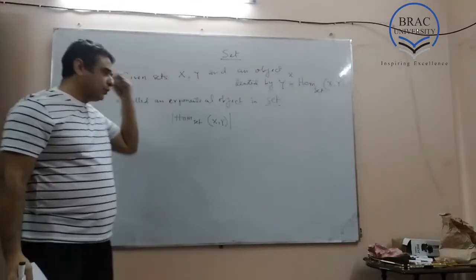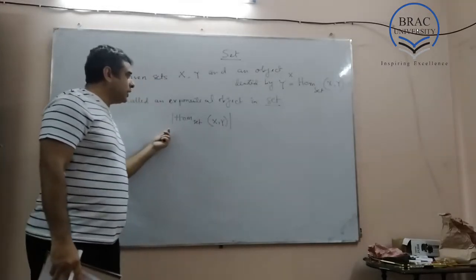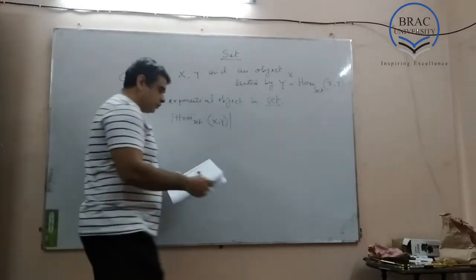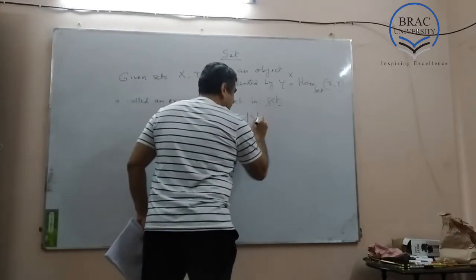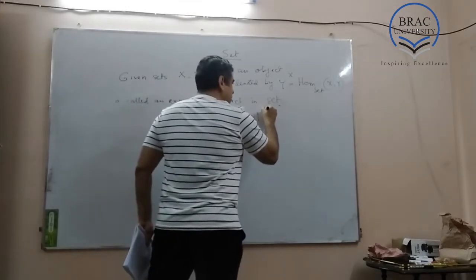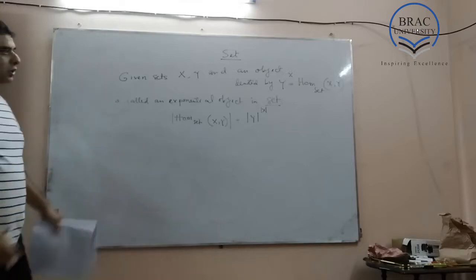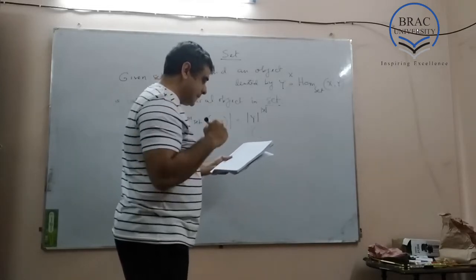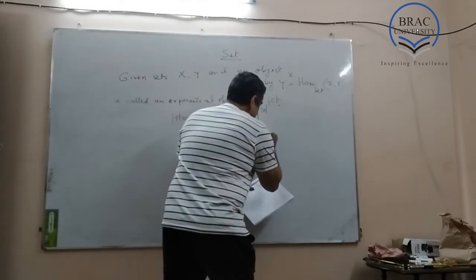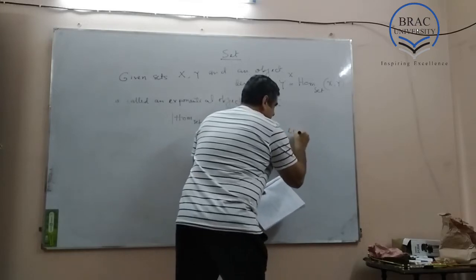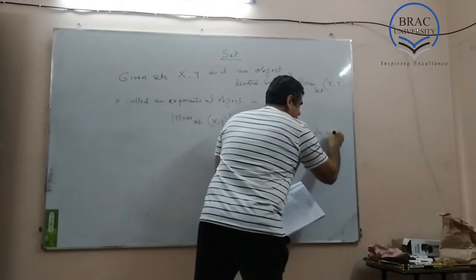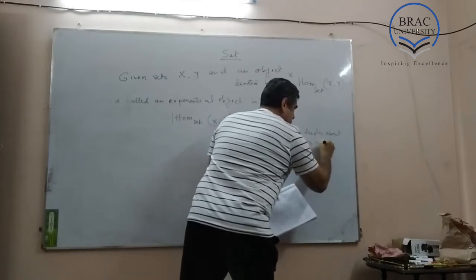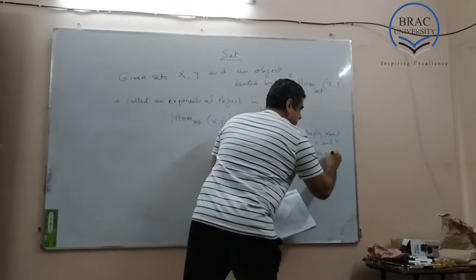It means, whenever X and Y are finite, we try to find the cardinality of this set, and we already know that it is exactly equal to the cardinality of Y raised to the cardinality of X. So I want you to think a little more deeply about this when both X and Y are empty.